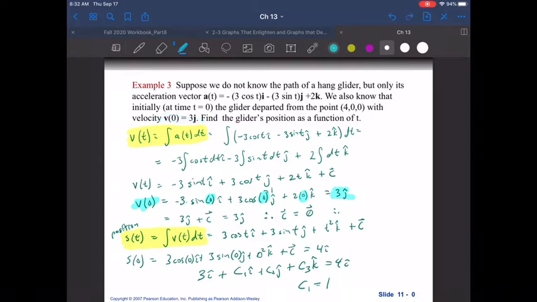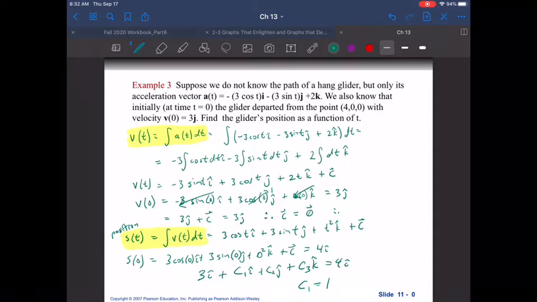So as I go through and plug that in, you see things like the sine of 0, that whole thing is 0. The cosine of 0 is just a 1. And then 2 times 0, that whole thing is a 0. So everything became a 0 except the 3j, right?